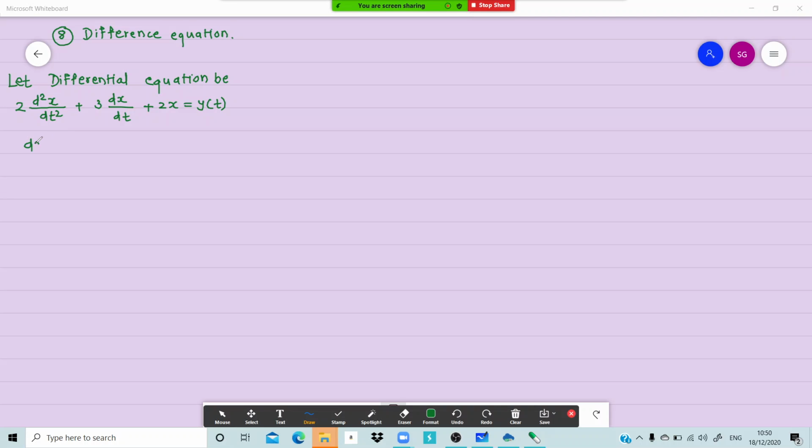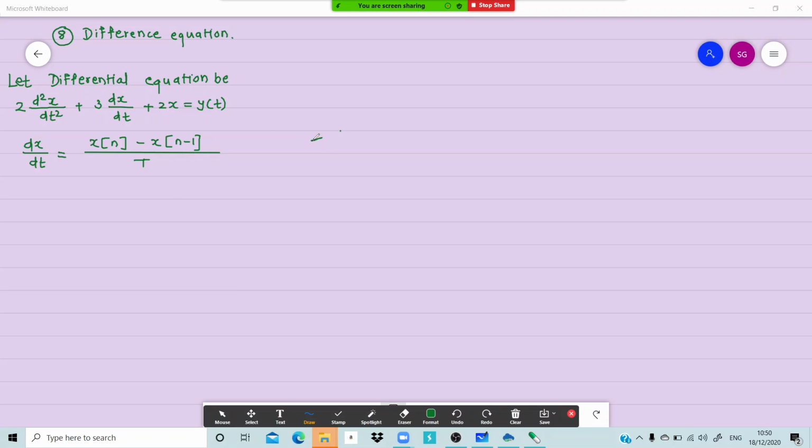So if I am talking about dx by dt and the thing is not continuous with me, I am handling two samples. So you know dx by dt means derivative, right? The present instance minus the next instance value of that, divided by the sampling time, will give you the slope. On the same line, two instances, right?